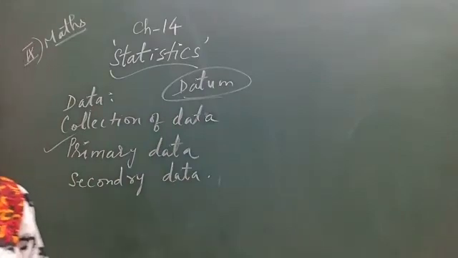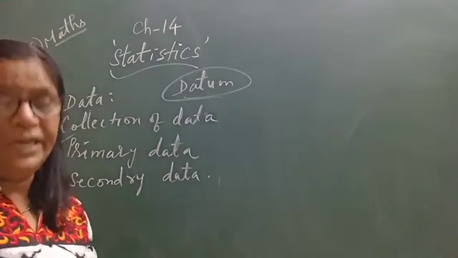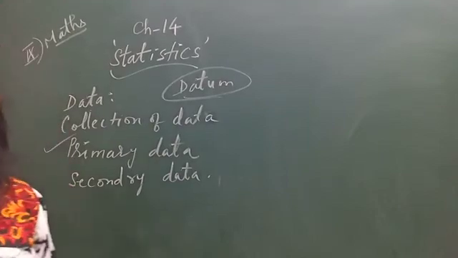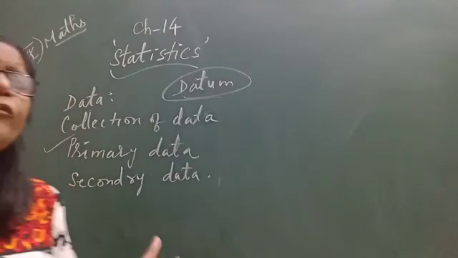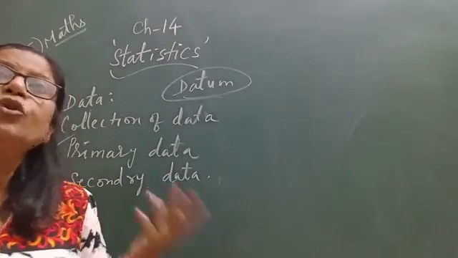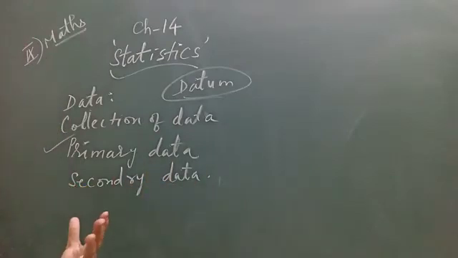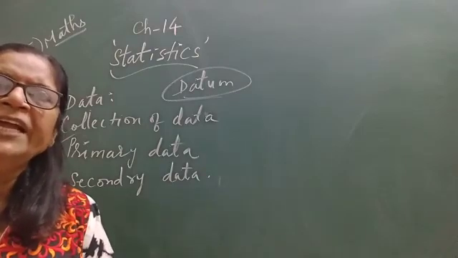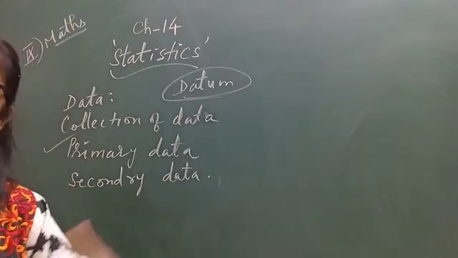In this way, suppose population is being counted. Population counting is not the function of one person. So many people gather it from different regions, then one town or village, then city, then state, then the whole country.